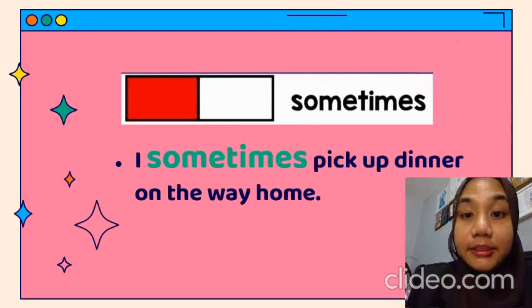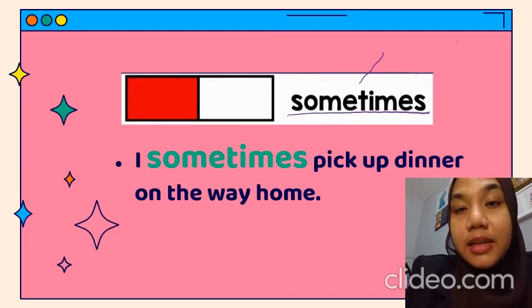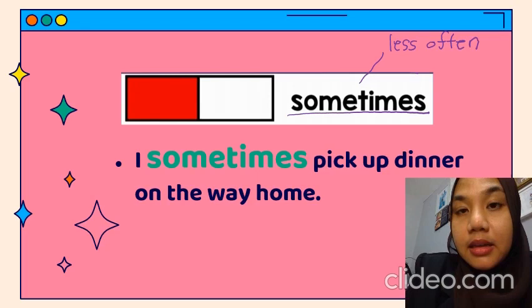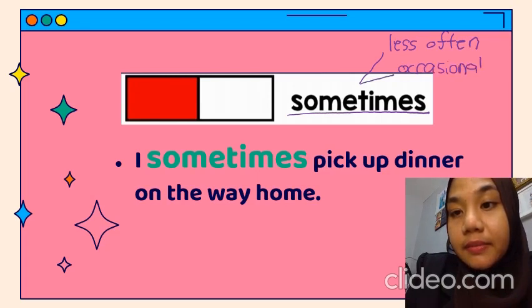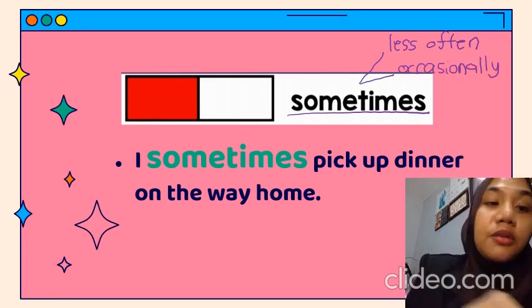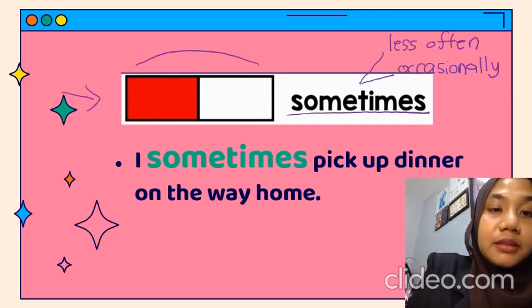Now, let's move on to sometimes. Sometimes is the adverb that we use to describe the action that happens less often, or the action that happens occasionally. Look at this bar for example.